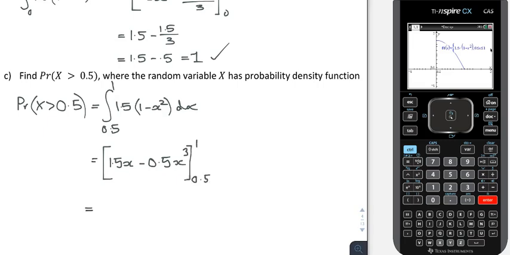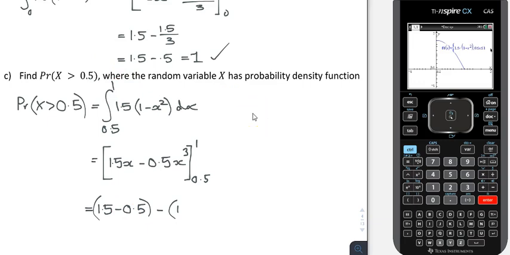Interesting little side note here is that with an integral top restriction of 1, that's going the entire graph, and because it's a probability density function, the area underneath the entire graph should be 1. So this portion should always come out as 1 because I'm looking at the top restriction.